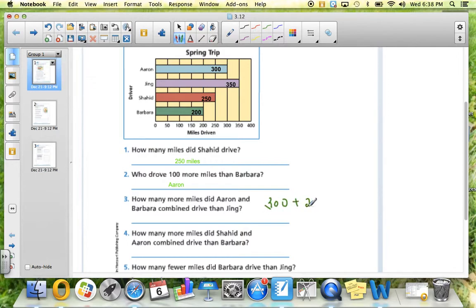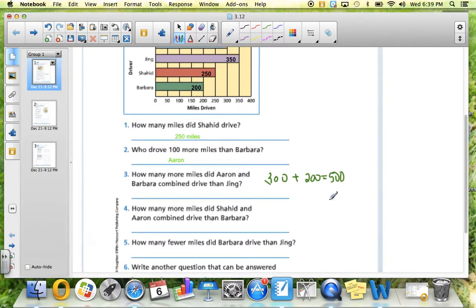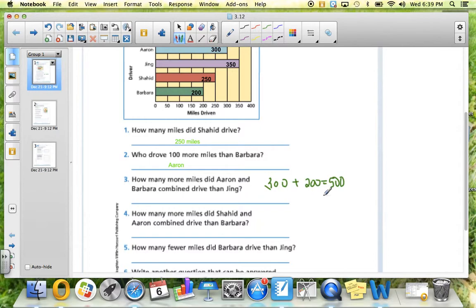So we're going to add those together, which equals 500. Woo! I know my numbers are not looking good today. Okay, and then Jing. Okay, so Jing had 350. So then we're going to subtract Jing's amount. So minus 350 equals 150 more. Super simple.